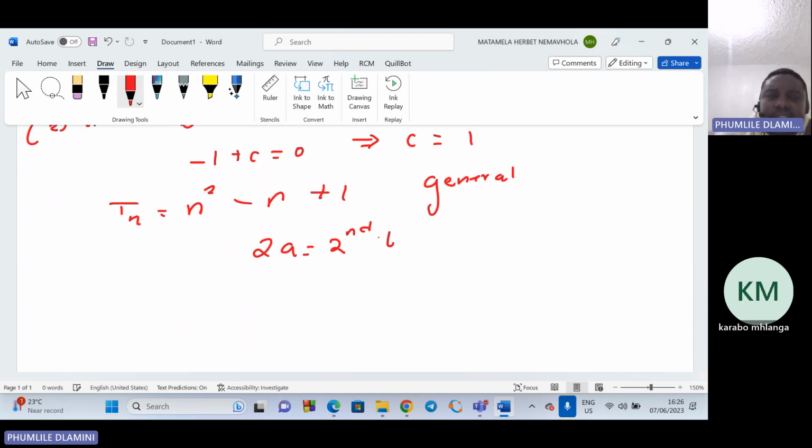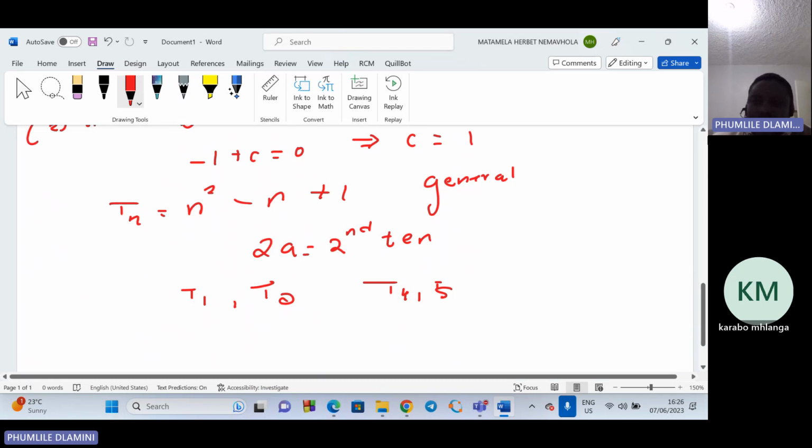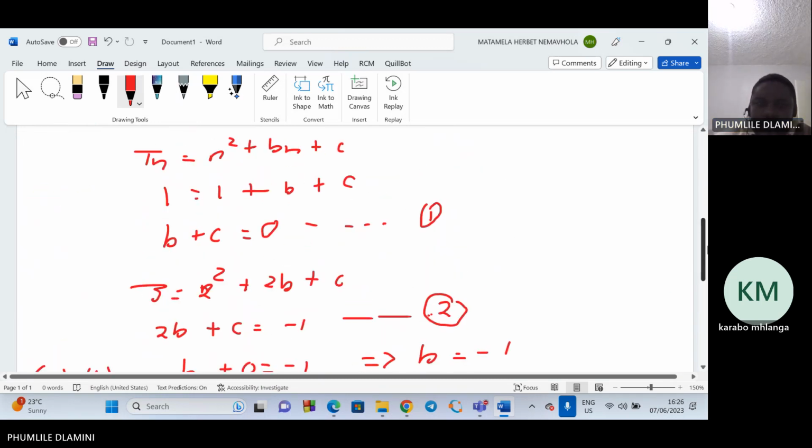Then after that, when you get your second term, to find b, you can use t1 and also t2, or you can even use t4, or t5 or t7. It's up to you. You choose one of the terms there. You do exactly the way I just showed you now.